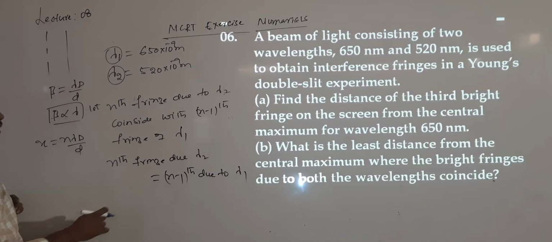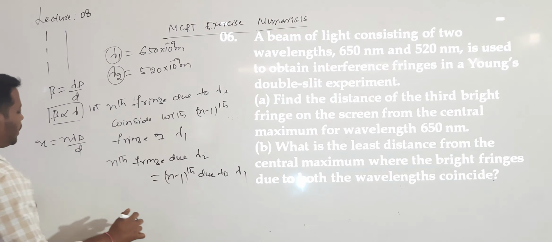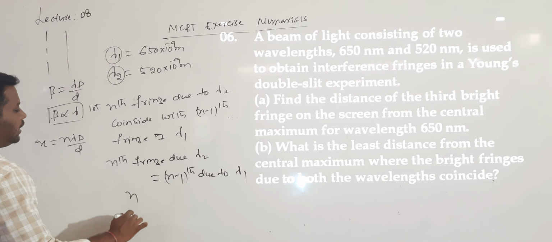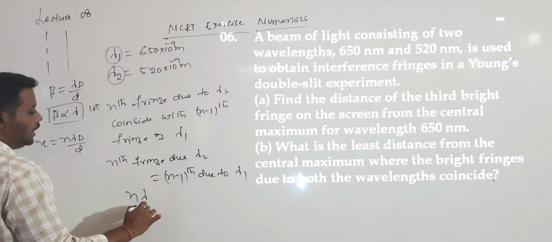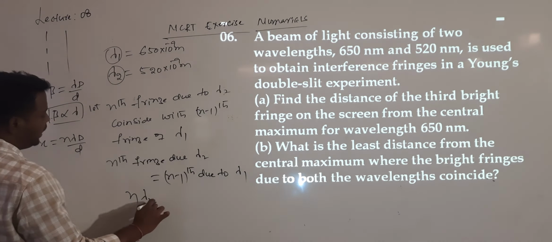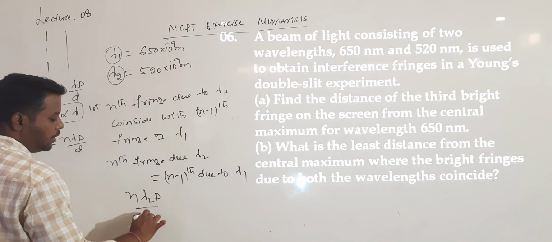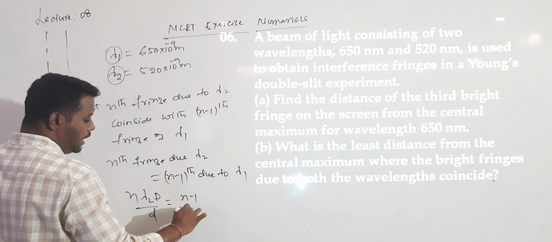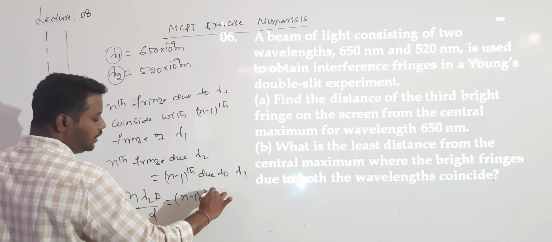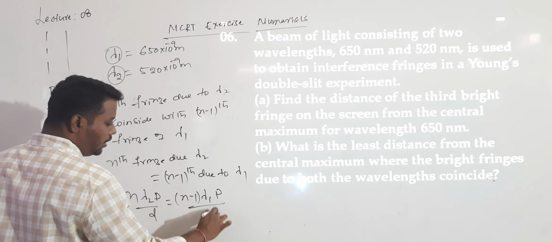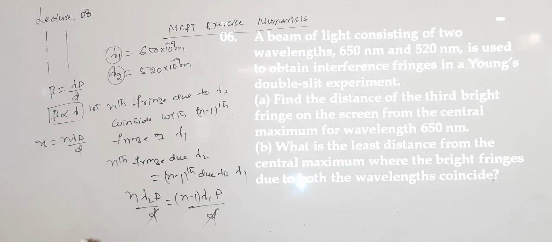What is the formula? The nth fringe due to lambda 2 is given by n into lambda 2 into capital D divided by small d, which equals n minus 1 into lambda 1 into capital D divided by small d. Remaining all are the same, so capital D and small d cancel.